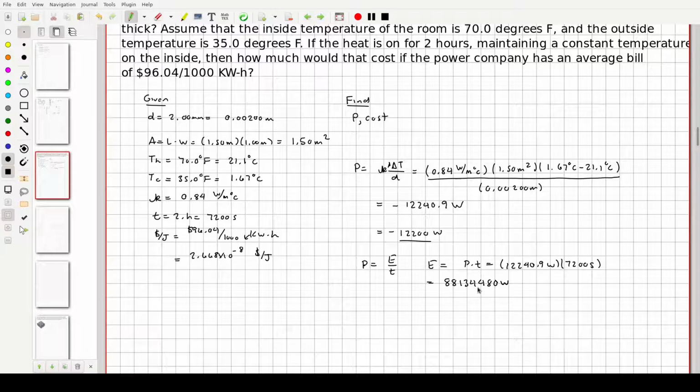Now, I want to take this to get the cost and multiply it by my conversion from dollars to joules, and that actually shouldn't be watts, that should be joules. I'm sorry, we lost that.